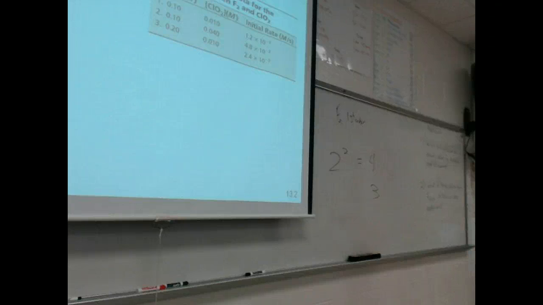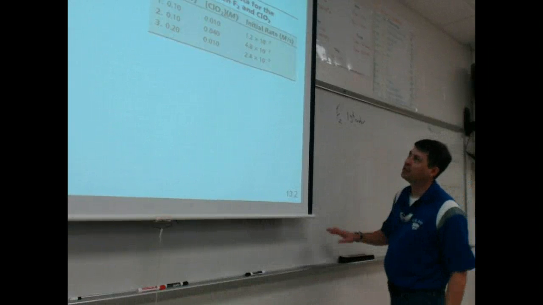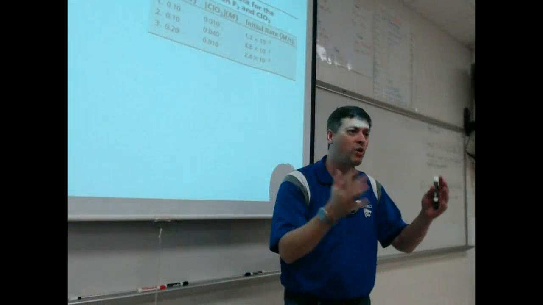Why don't we figure out the order with respect to our other reactant in this problem? How do you want to do that? I want to look at 2 trials where F2 is constant. Let's look at 1 and 2. That way, we only have one variable.